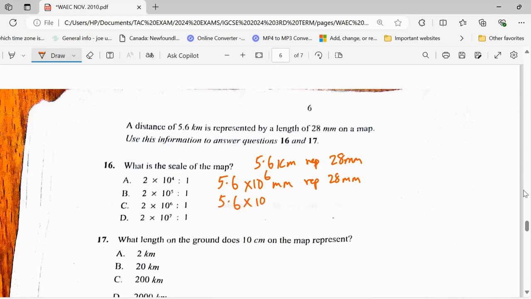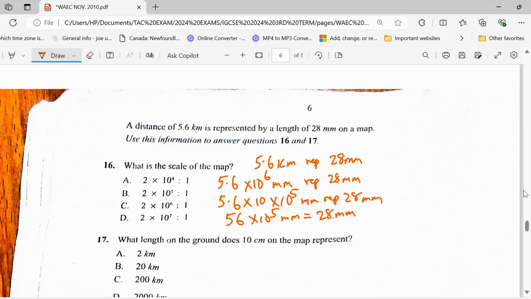So this can be times 10, then times 10 raised to power 5 millimeter. This will represent 28 millimeter. Now, closing up this will now give me 56 times 10 raised to power 5 millimeter. Good. This will represent 28 millimeter, right?